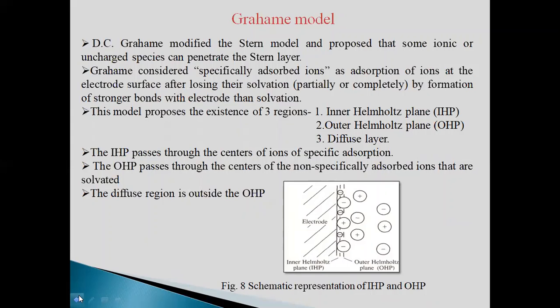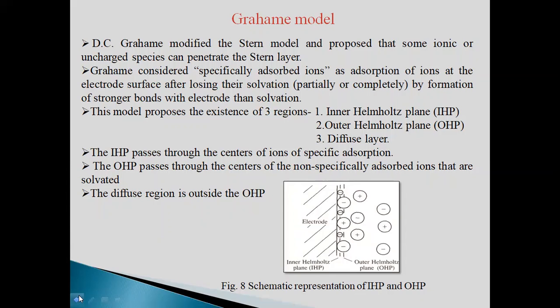Graham modified the concept of specifically adsorbed ions and proposed that some ionic or uncharged species can penetrate the Stern layer. Specifically adsorbed ion can be defined as the adsorption of ions at the surface of the electrode by losing their solvation property, by forming strong bonds with the electrode.